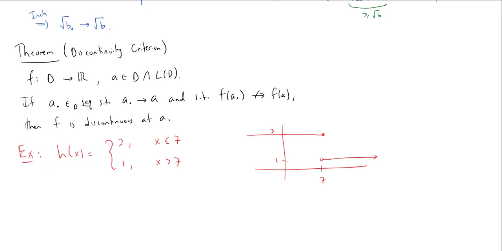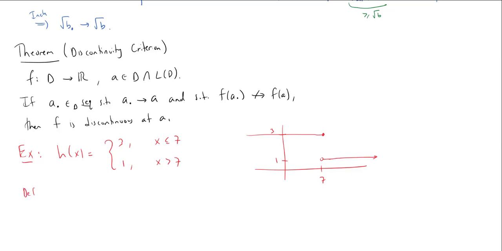Okay. So visually we agree, I see the graph, yeah, there's a discontinuity there. But we can actually prove this without just having to say, well, just look at the graph, there's a big jump. Because the definition of discontinuity didn't say if there's a jump, it's not continuous. It has a specific definition. So let's use this discontinuity criterion.